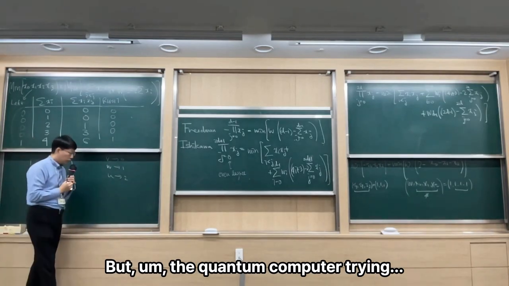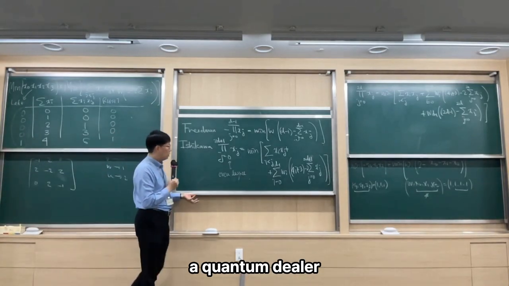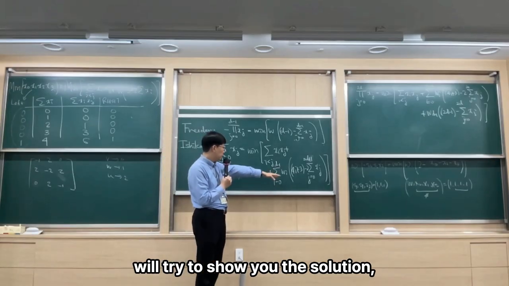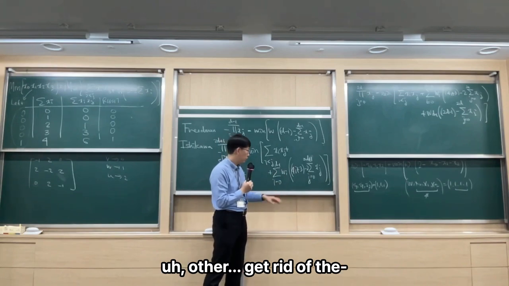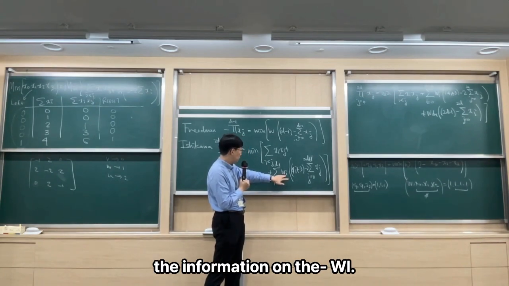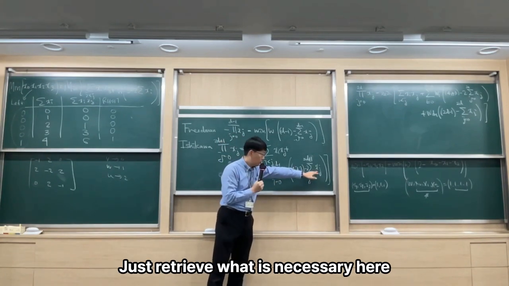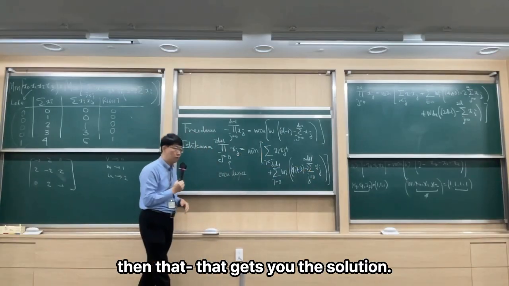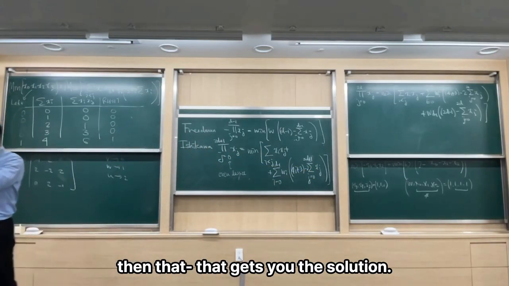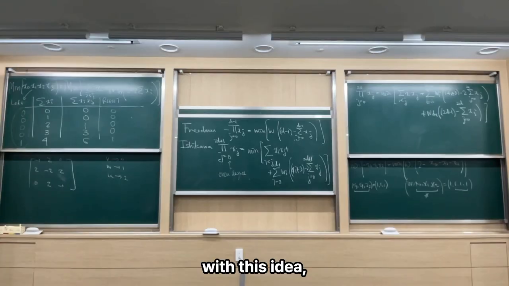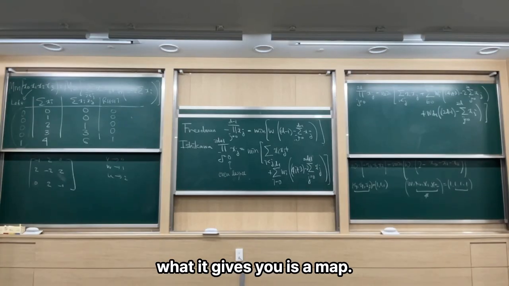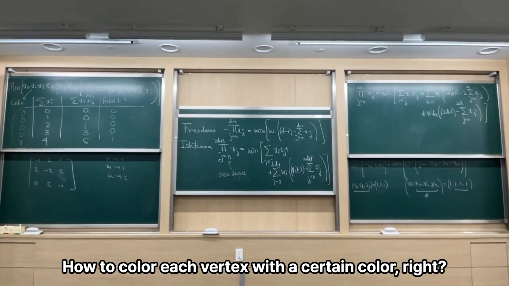But the quantum annealer will show you the solution, the minimum solution, including the values of the x_i's, but you have to get rid of the information of w_i, just retrieve what is necessary here, then that gets you the solution. So once you solve the graph coloring problem with this idea, what it gives you is the map, how to color each vertex with a certain color, right?